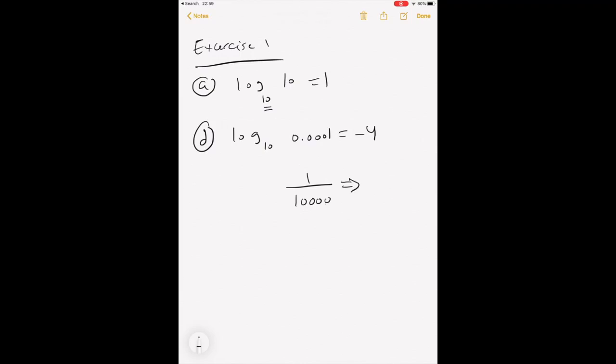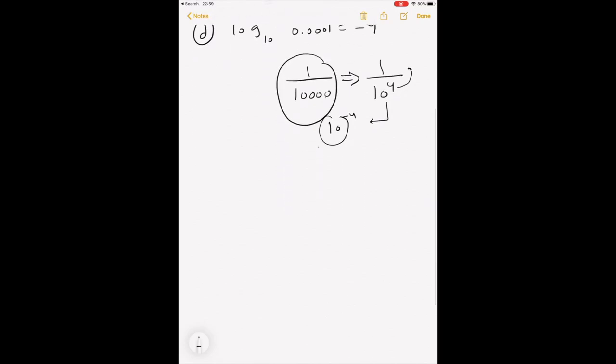If I want to express this, that means the same as 10 to the power of 4, and then this will go down. That means it's going to be 10 to the power of -4. So this is my log: the base of a log to the power of -4 gives you this value. So this is just another way of expressing exponentials.